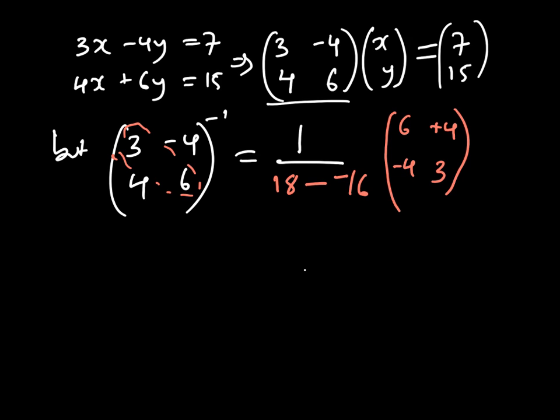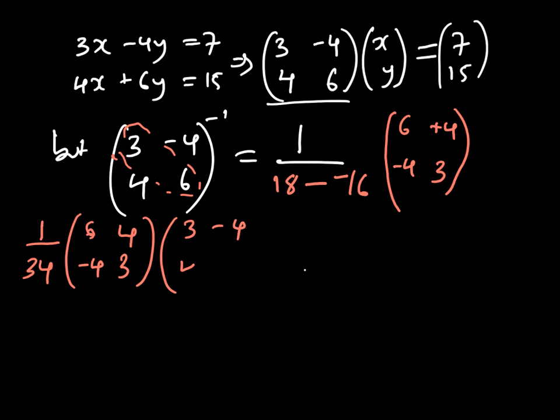So I have 1 over 34 into the matrix 6, 4, negative 4, 3. Now multiply by the matrix 3, negative 4, 4, 6 times x, y.